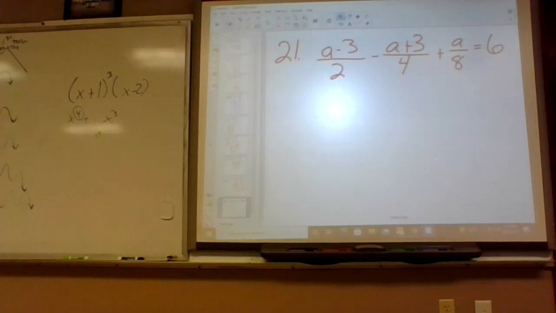So what do you guys think step 1 is going to be? The common denominator, which is 8. We're going to multiply everything by 8.